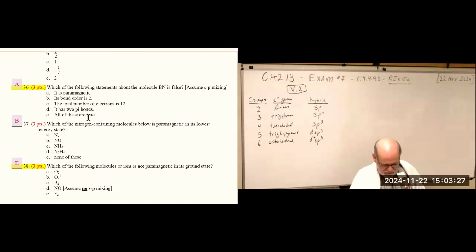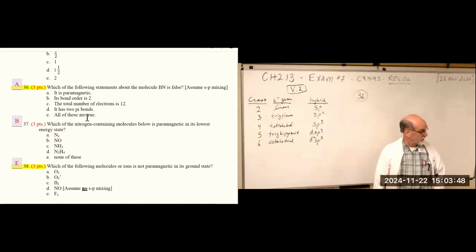All right, 36. Up to this point, we've been working with diatomic homonuclears. Now we've got a heteronuclear, BN. Which of the following statements about the molecule BN is false? Assume sp mixing. Which makes sense, both boron and nitrogen are left of oxygen, and that gives them the opportunity to mix. So BN with sp mixing.